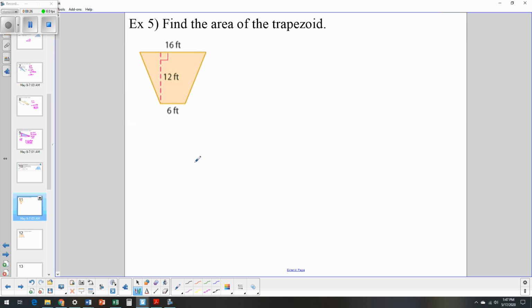So for 11 here, we know we're going to need base 1, base 2, and height. Base 1 and base 2 are interchangeable. Doesn't matter which one you have where. So I know my two bases are 16 and 6. And then the height, or the distance between the bases, is 12.